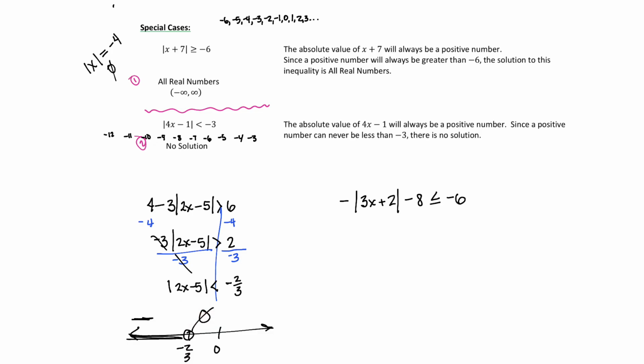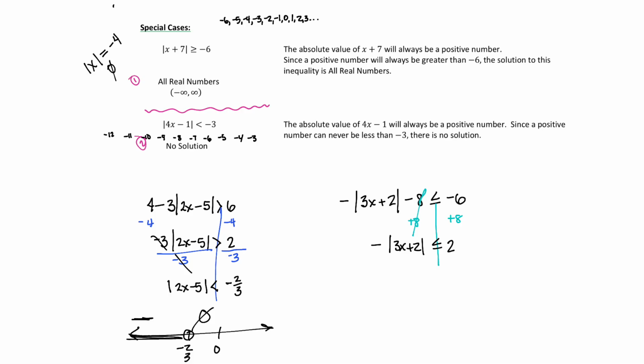Okay, here's another one. We need to isolate. So let's add 8 to both sides. Those are the extras, so those cancel. You have the negative absolute value of 3x add 2 is less than or equal to positive 2.